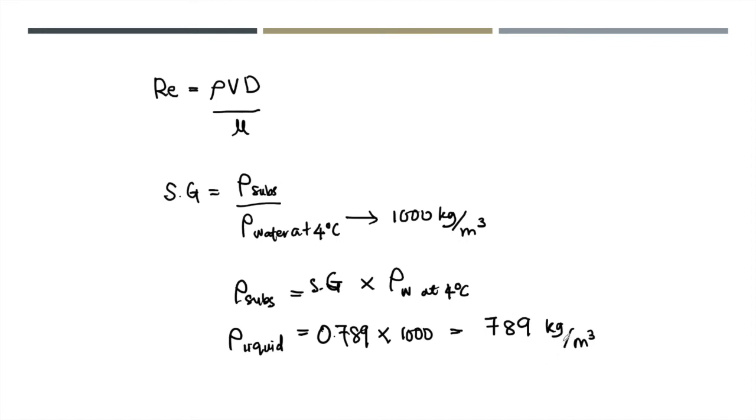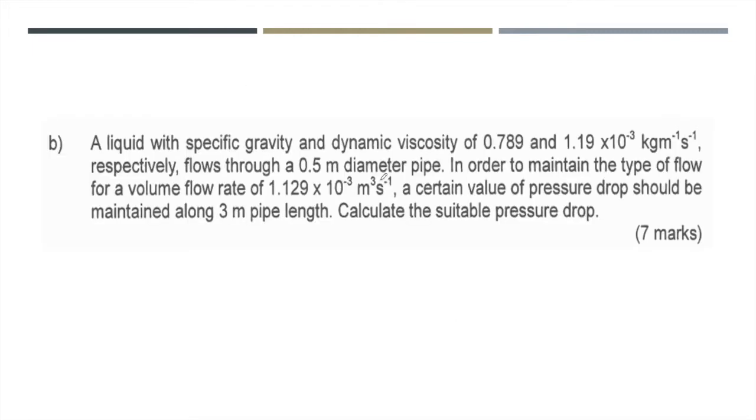Now we take a look at the velocity. V here is the velocity. Do we have any velocity statement in this question? No. So where do we get the velocity value? The question gives us the volumetric flow rate, which is 1.129 times 10 to the power of minus 3.